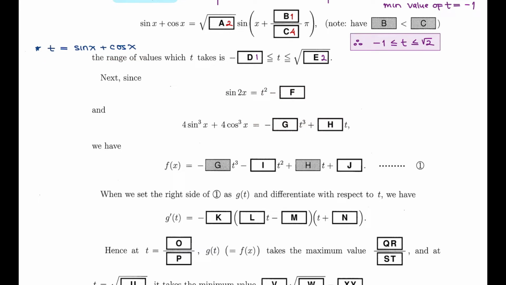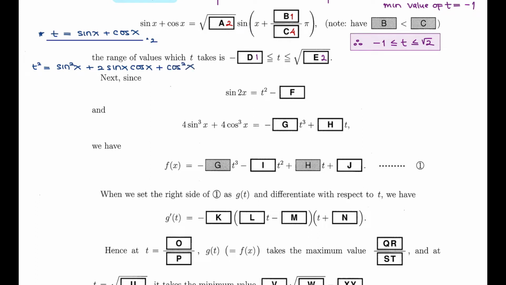If I square it, I will get t squared equals sine squared x plus 2 sine x cos x plus cos squared x.